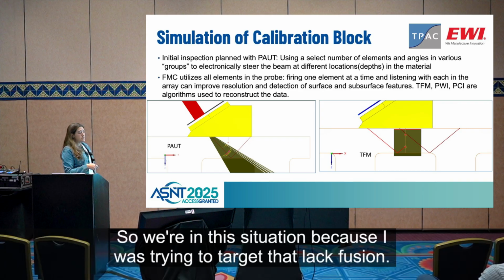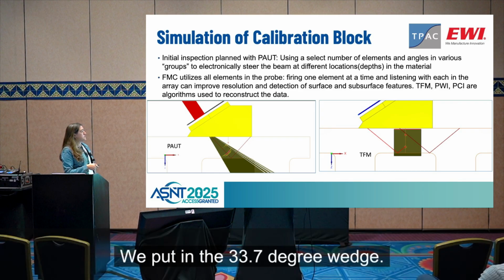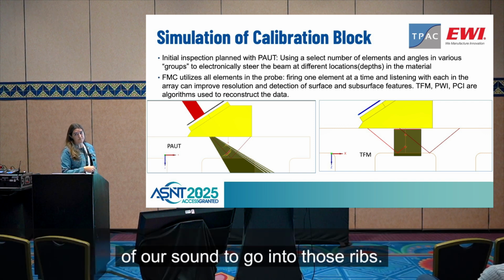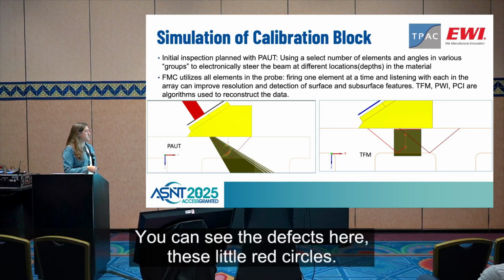So we're in this situation, because I was trying to target that lack of fusion, we put in the 33.7 degree wedge. We have to put the whole probe over top of the weld in order to not get all of our sound to go into those ribs. You can see the defects here, these little red circles.